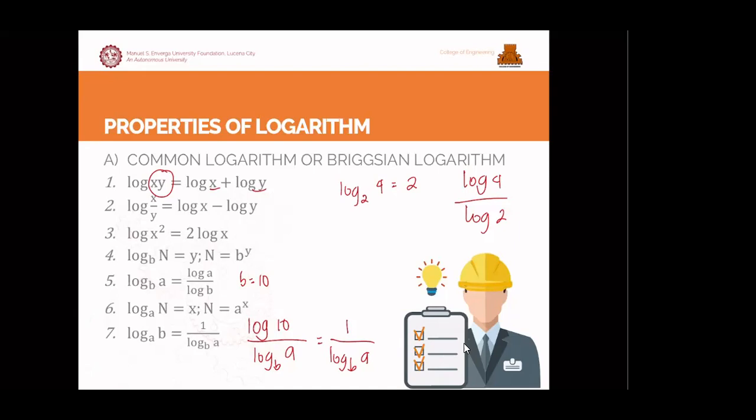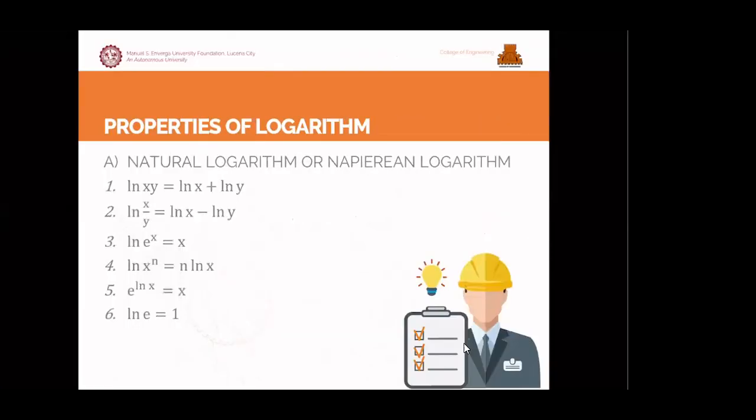So let's apply this to an example. The natural logarithm is almost the same, the only new thing is the exponential. When we apply natural ln to the exponential function e raised to x, the equivalent is just x. Likewise, if there is an exponent inside the natural logarithm, we can represent it as a coefficient.